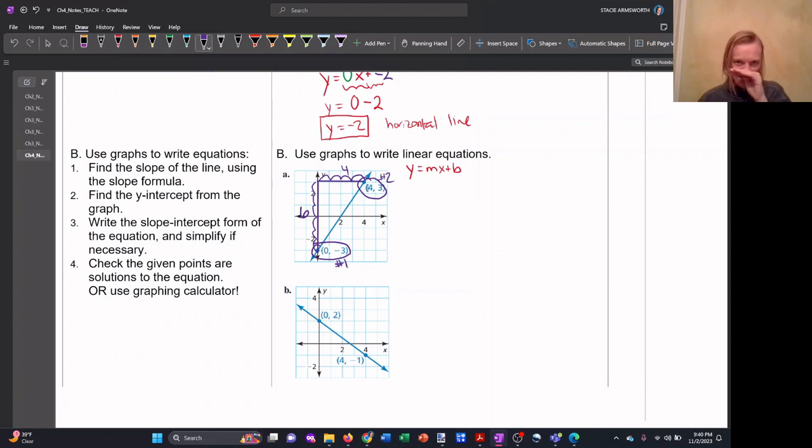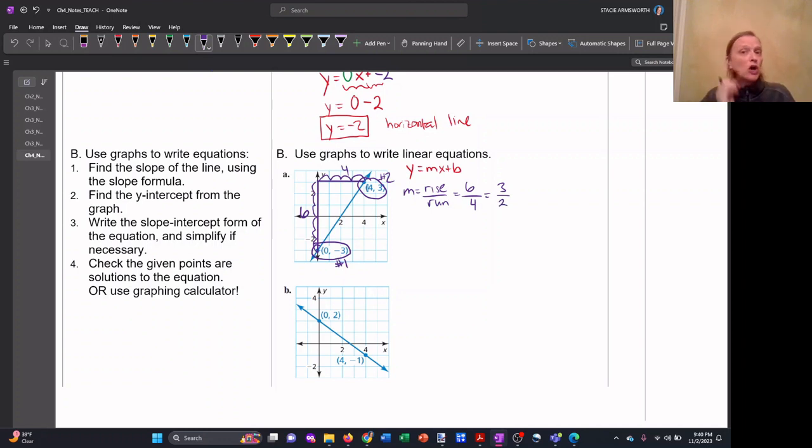Now, we said that the slope, the m value, is the rise over the run. So my rise measurement here was 6, and my run measurement here was 4. And so 6/4 is not a reduced fraction. Putting that in lowest terms would be 3/2.